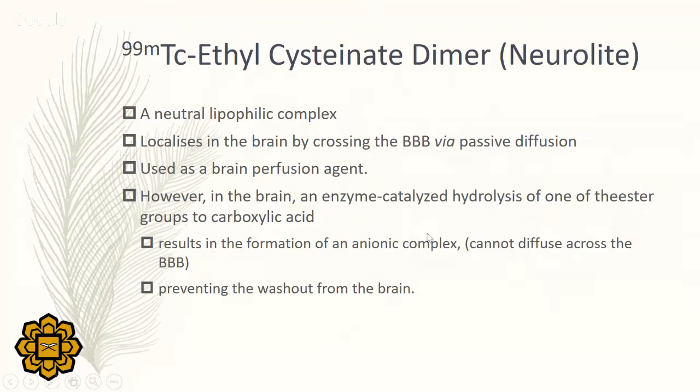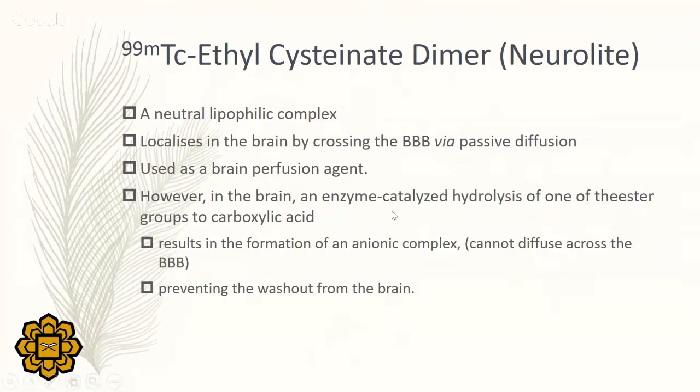So it prevents washout from the brain. Once it is internalized and localized in the brain, it reacts with this enzyme, and once it interacts with the enzyme, it is not able to cross back out of the BBB.